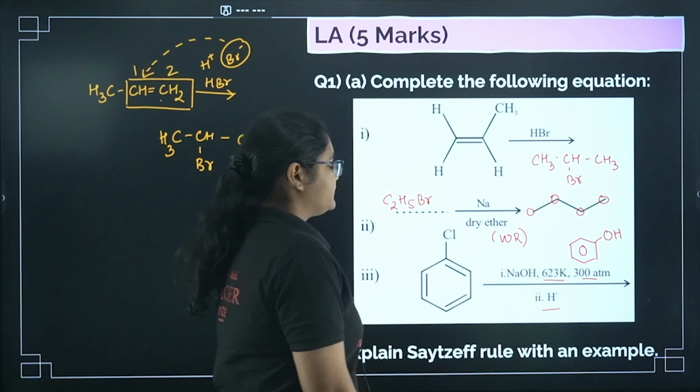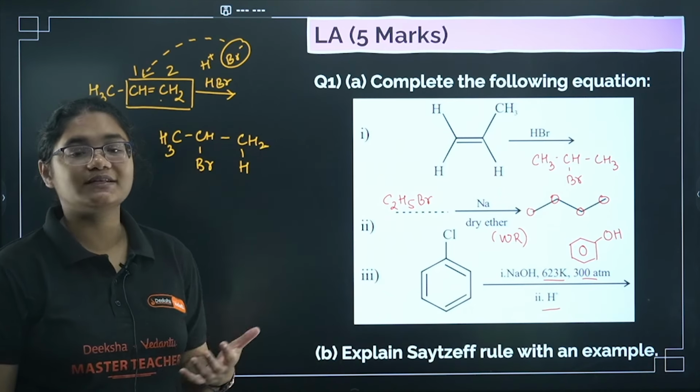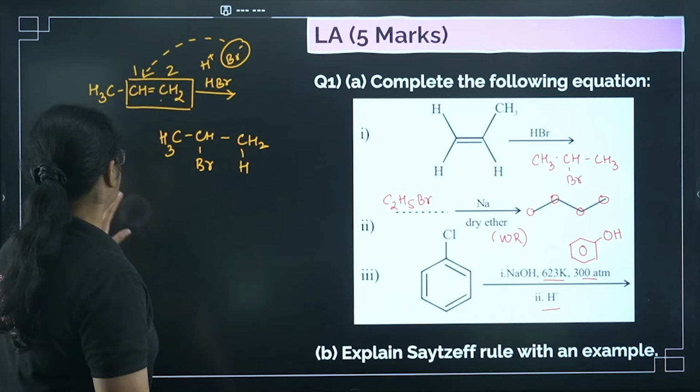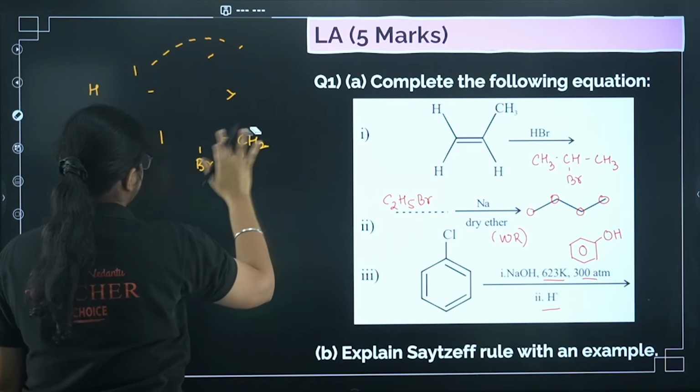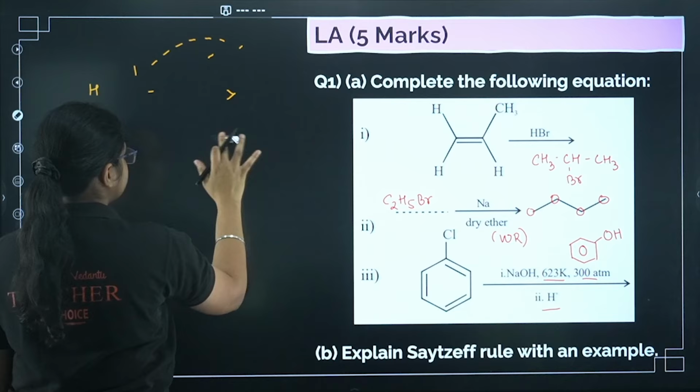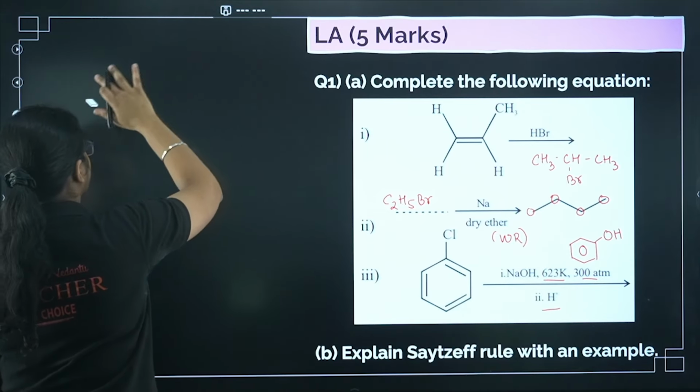Next question is explain Saytzeff rule with an example. So let's understand what this Saytzeff rule is. First of all, where is this Saytzeff rule used? I'll explain here, then we'll write the answer.